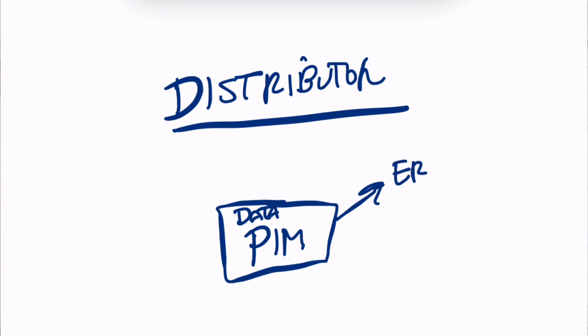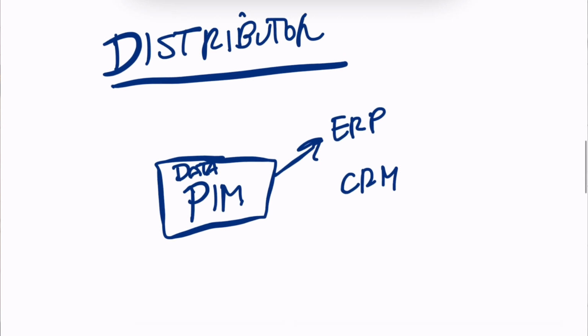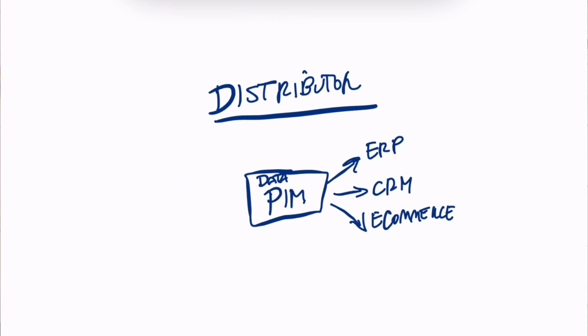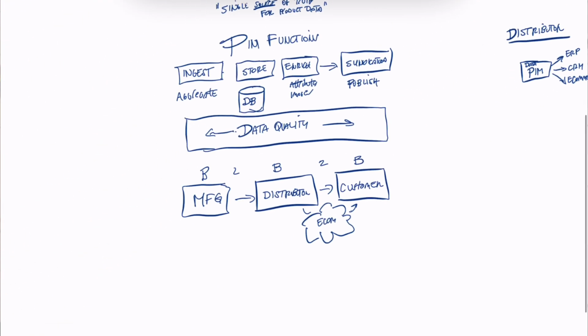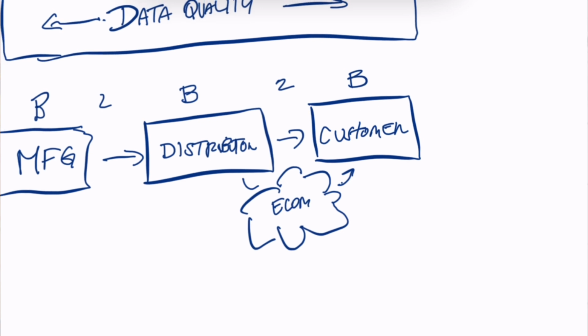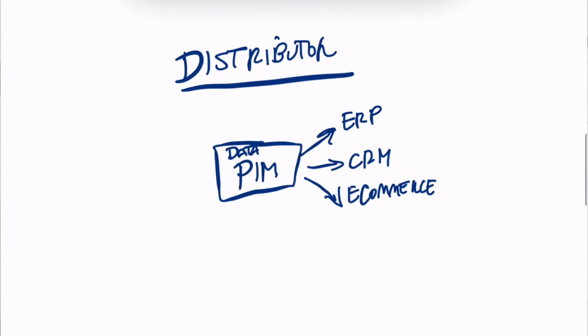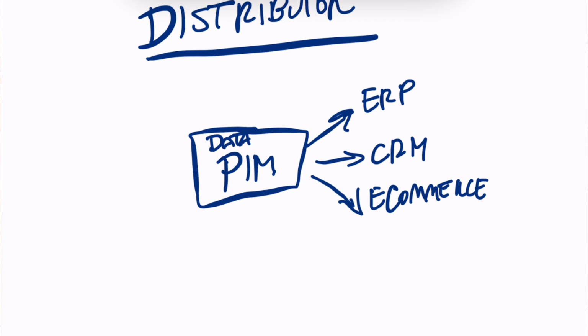It might go out to their ERP. It might go out to their CRM and other places, but the main place that PIM data is used is in their e-commerce platform, right? So that product information, that description, those attributes, and we see this strategy here, that e-commerce is done by the distributor. The most valuable place that PIM data goes to is the e-commerce platform. We should color that differently.